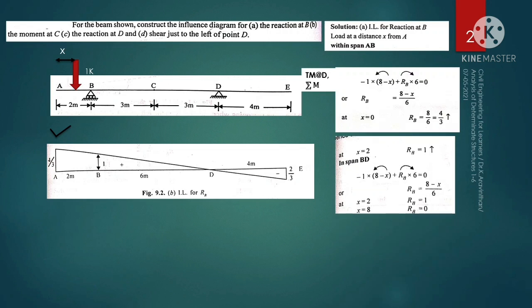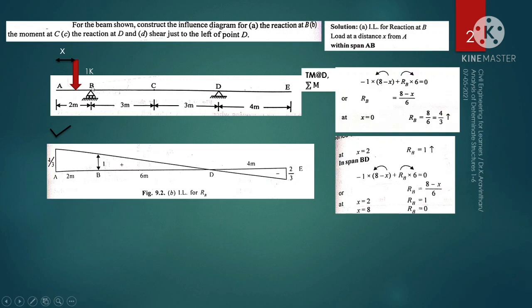Now, if you want the influence line at the point B, what do you have to substitute? This is the origin, this is 2 meter, and you have to add each and every distance. This is 5 meter from the origin, this is 8 meter, and this is 12 meter from the origin.